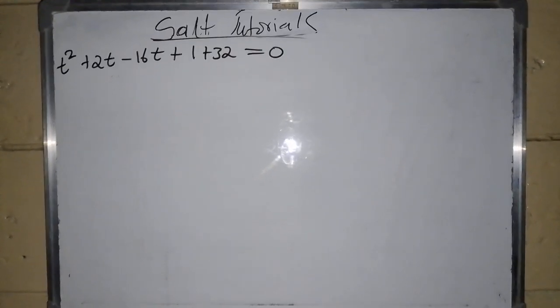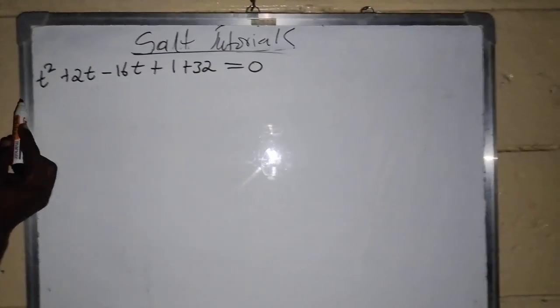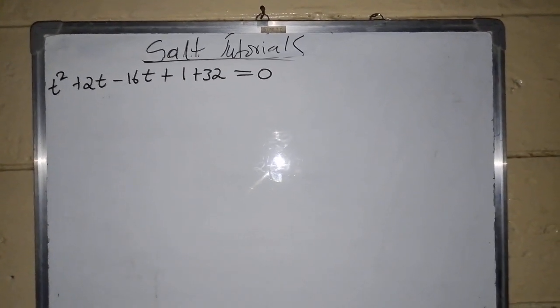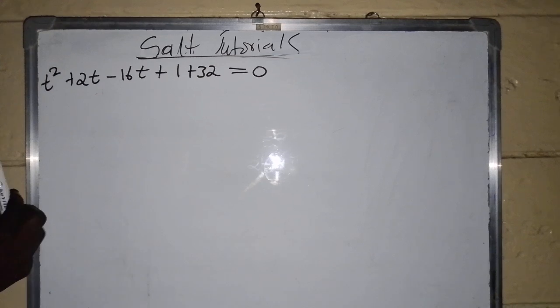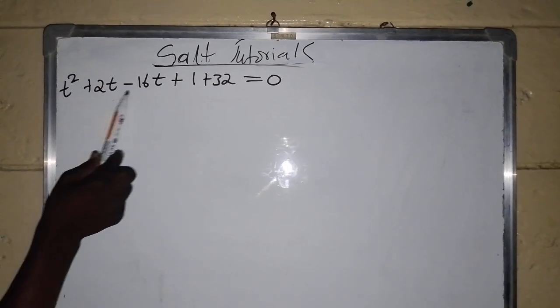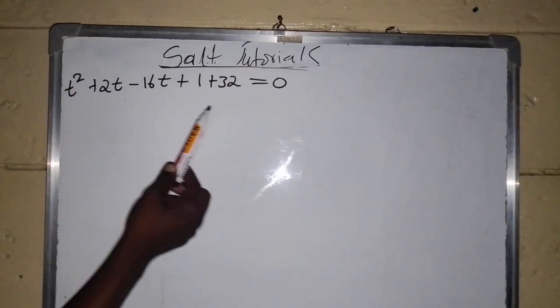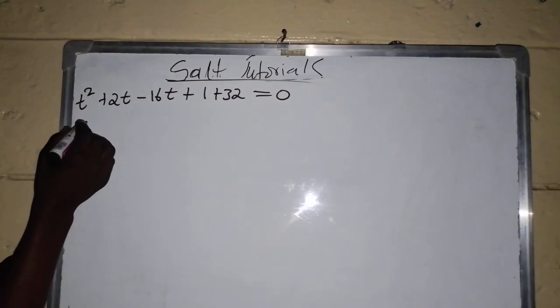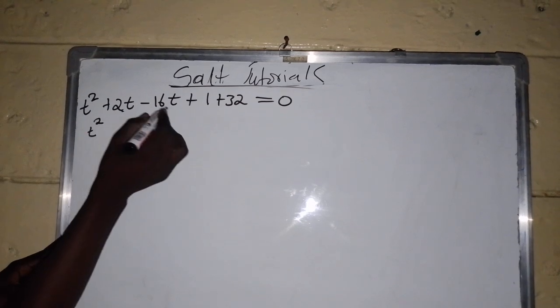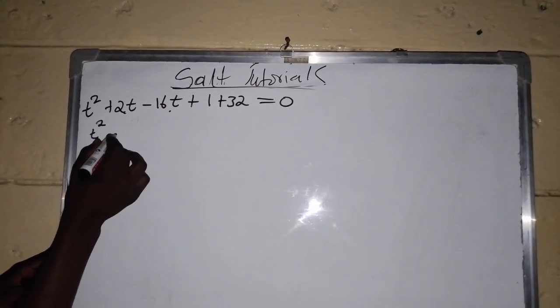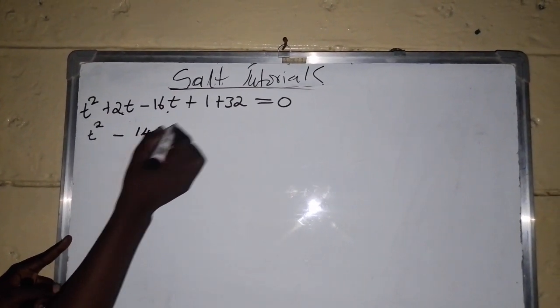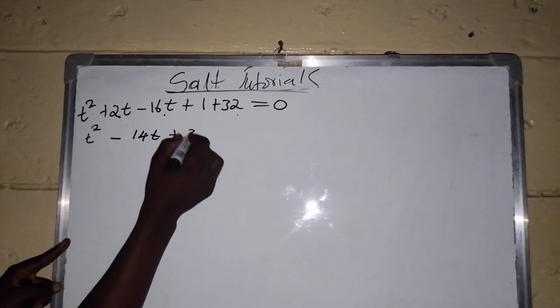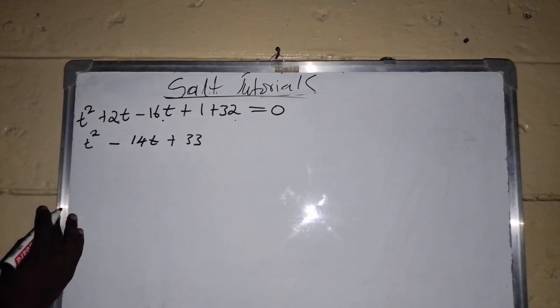So as you made the like terms, what did we end up with? We had t squared plus 2t minus 16t plus 1 plus 32 equal to 0. Now cleaning everything up, we have t squared, this minus that, we have negative 14t, this and that, we have 33, which is equal to 0.